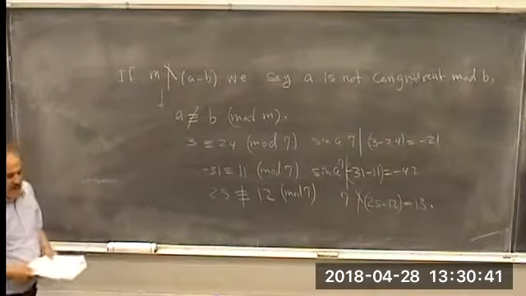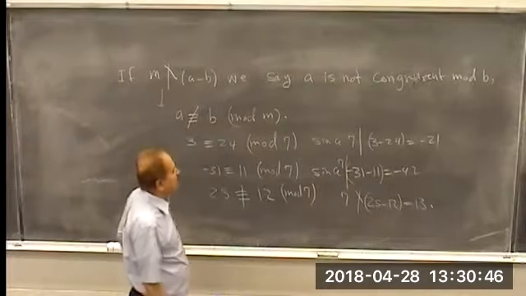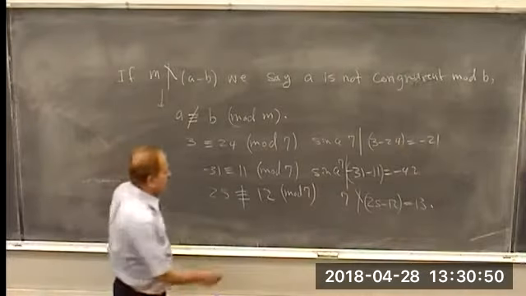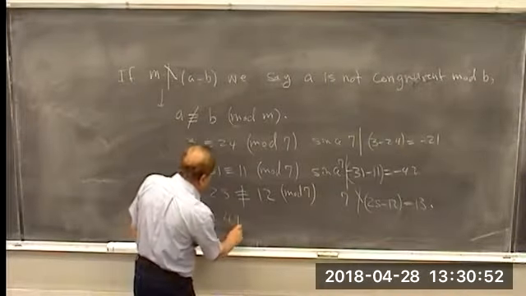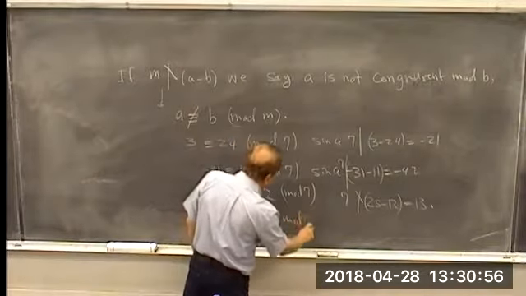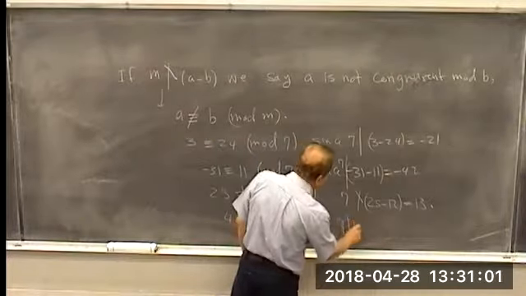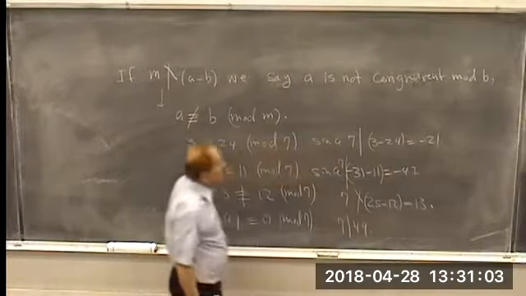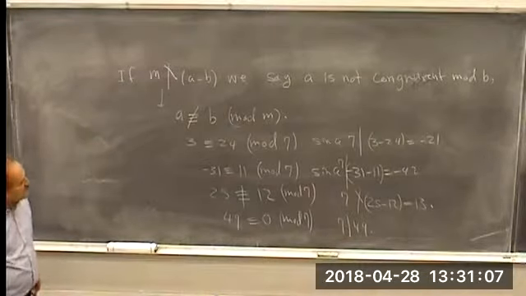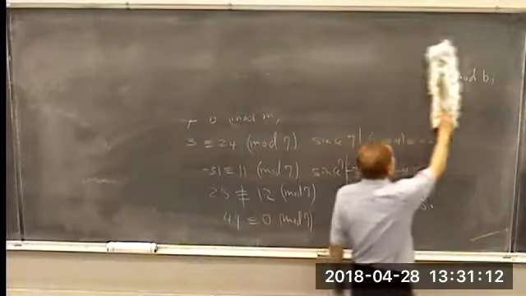So either an integer is congruent to another integer mod 7 or it is not. And we could even look at 49, which is congruent to 0 mod 7, because of course 7 divides 49. In fact, we come to the first property of congruences, that is this.